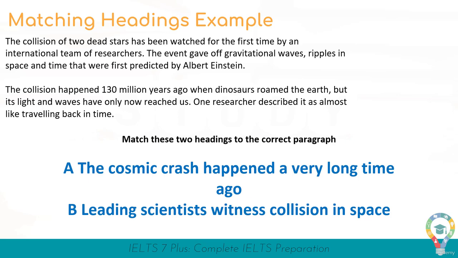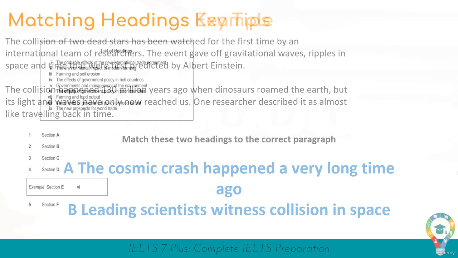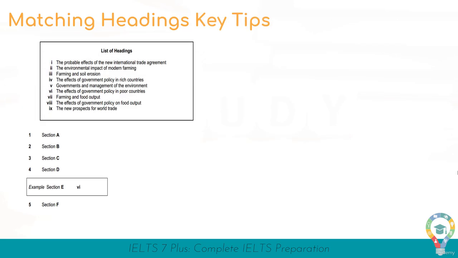B, leading scientists witness collision in space matches with the first paragraph. So again, these headings give you a shortened description of what each paragraph means, and that's what this question is asking you to do.